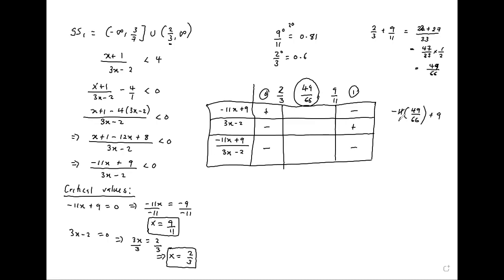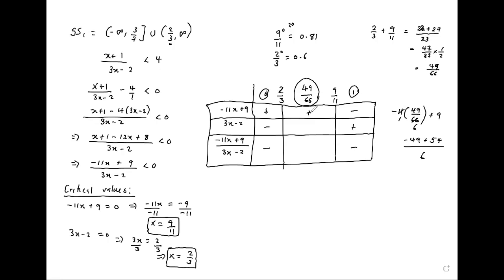This will be 6 down, -49 plus 6 by 9, 9 by 6 is 54. So we get a positive number.